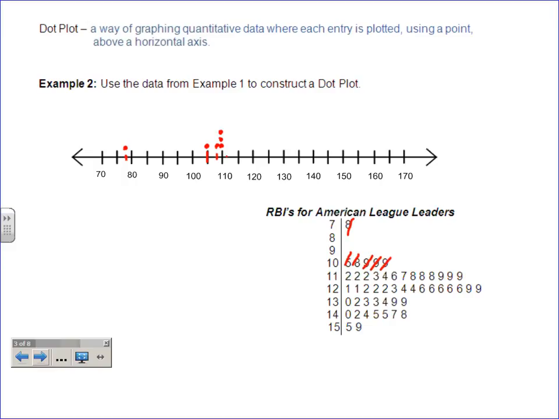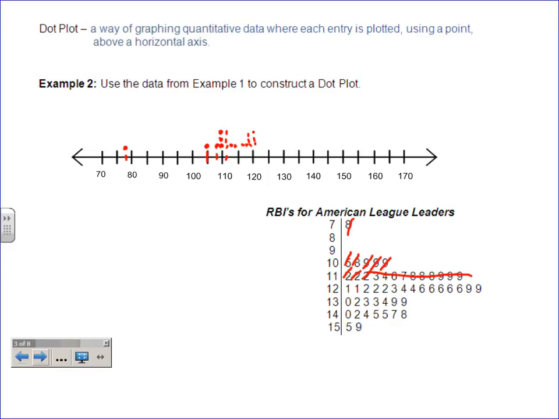But so we got 112 in there, right? How many of those do we got? 3. 1, 2, 3. Okay. It's just another way of looking at the data. 113, 114, 116, 117, 118, 119. So I did all those.